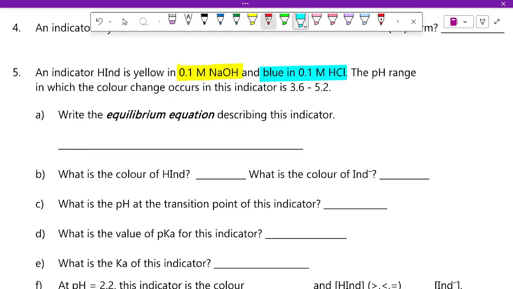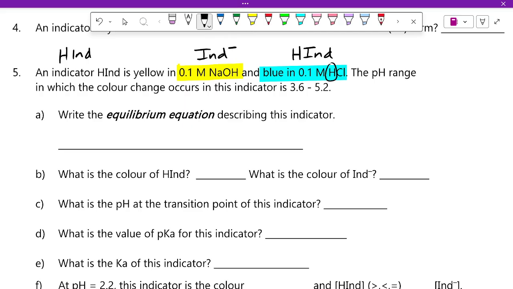So what does that tell us about the color of HInd versus Ind minus? Which one is yellow and which one is blue? HInd is blue because we threw hydrogens on it and it turned blue. And Ind minus is yellow.